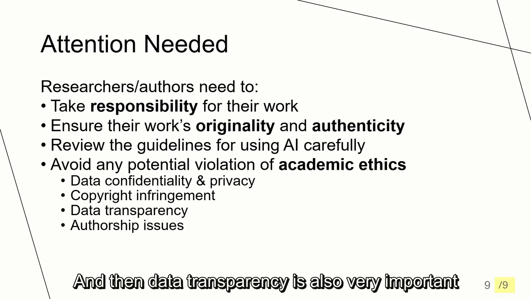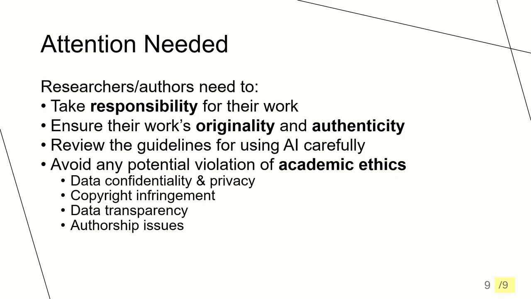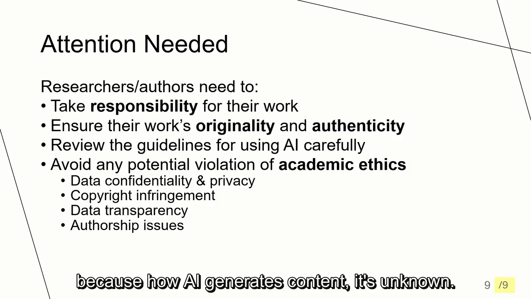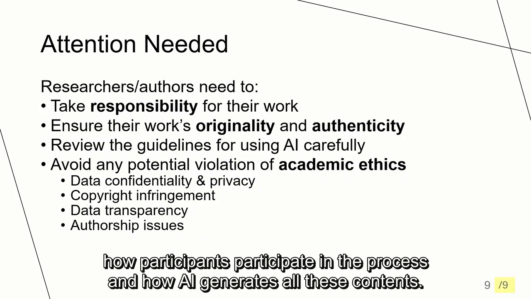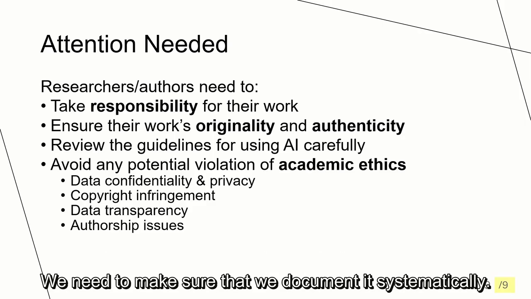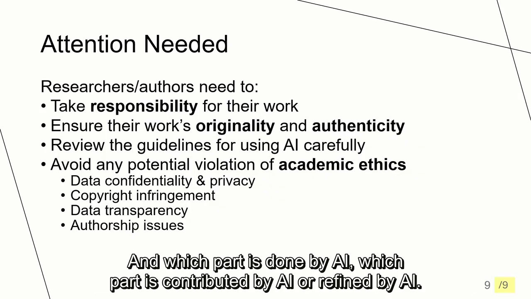And then data transparency is also very important because how AI generates content is unknown. Therefore, we need to know how participants participate in the process and how AI generated all this content. We need to make sure that we document systematically which part is done by AI, which part is contributed by AI or refined by AI.